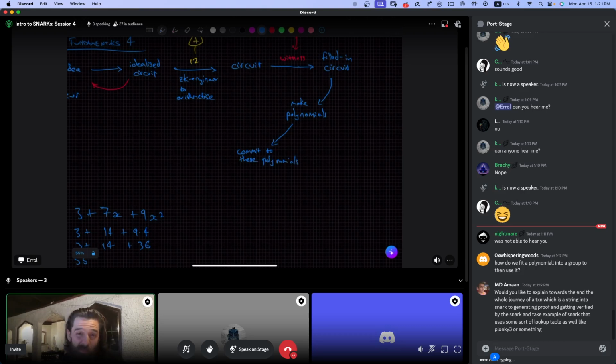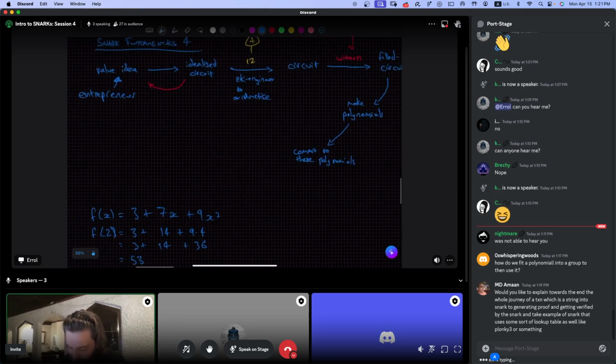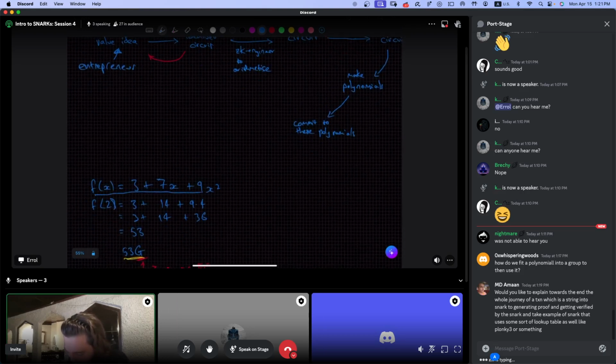And this was the system we spoke about last session. That's actually what's happening here. When we evaluate these polynomials somewhere, what we get out we'll call our commitment, because it ties us into this polynomial, but it doesn't reveal our polynomial. And it's the polynomial commitment scheme that allows us to make use of this commitment.